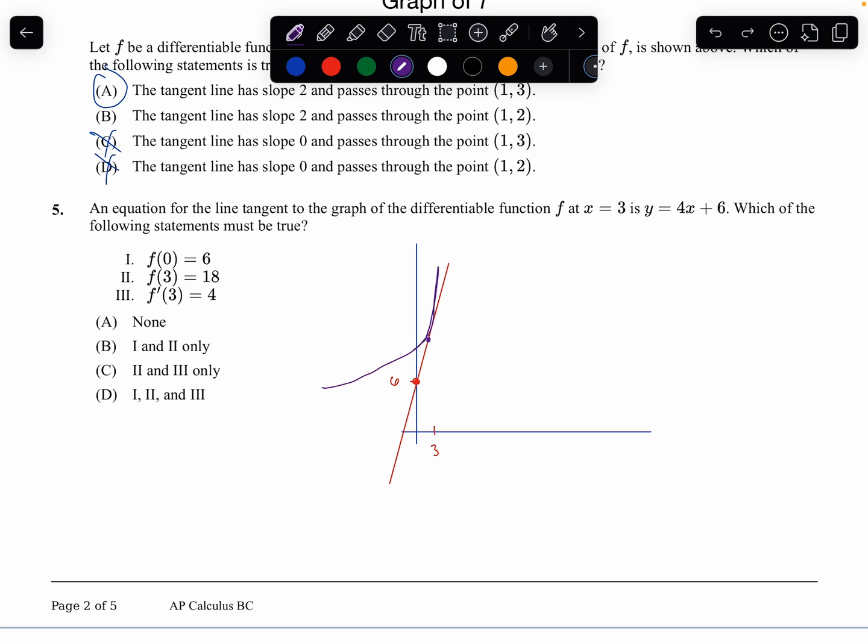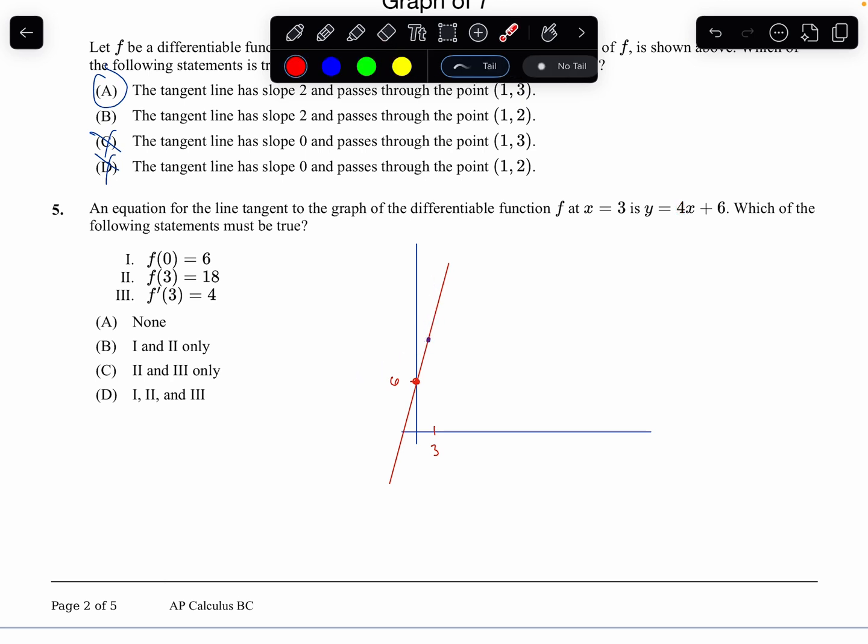But what I do know is that the graph of f at this point is going to have a slope of 4, because that is the slope of this tangent line, and the only way for the function to intersect with the tangent line is if the tangent line has the same slope as the graph at that point right there. But again, I don't really know what f looks like.